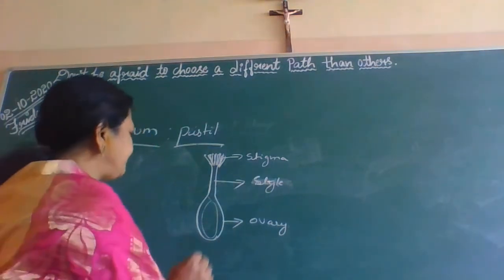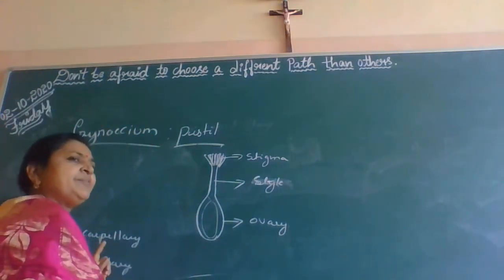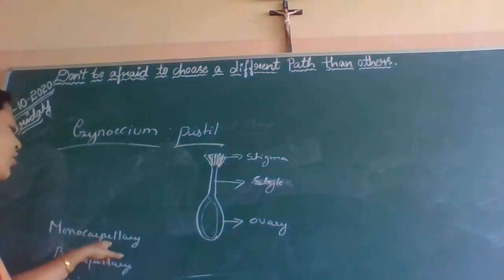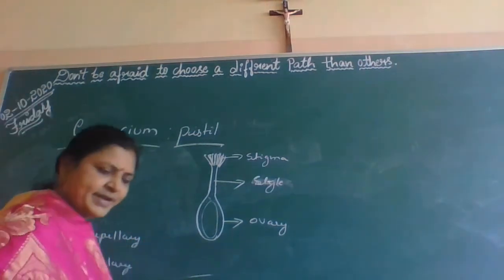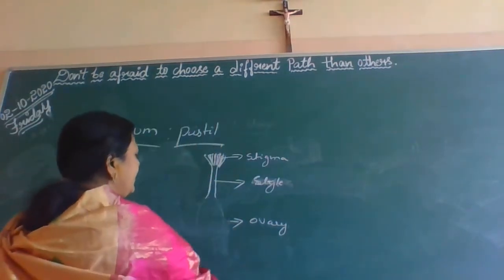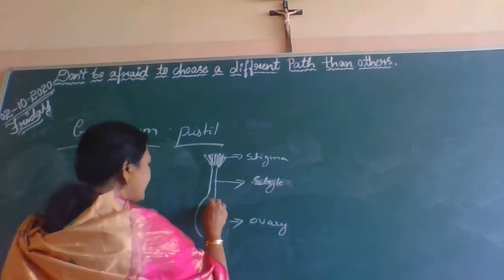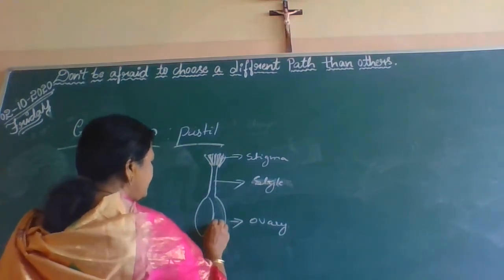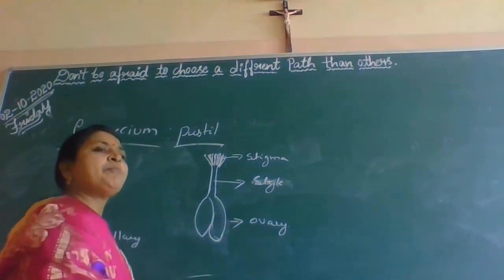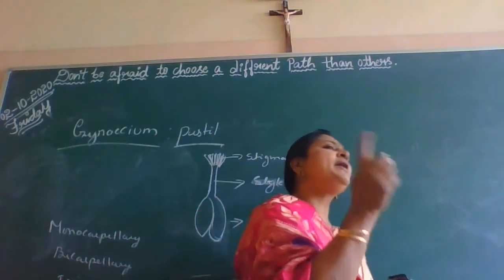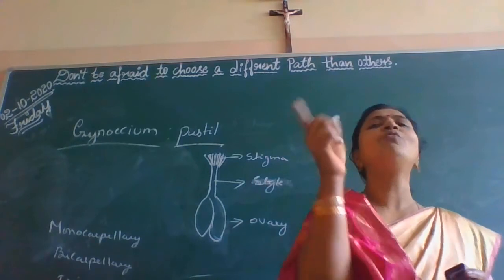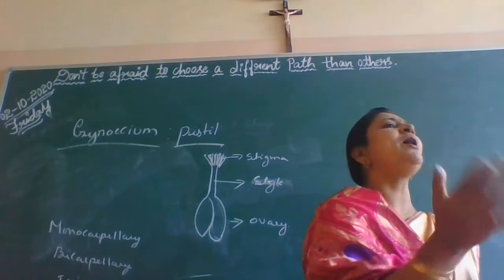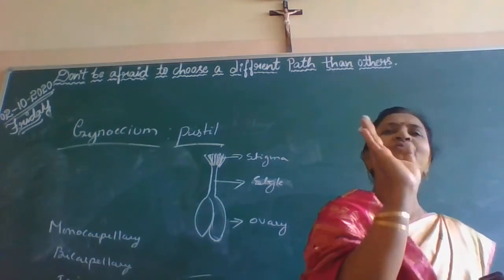Now look here. Whenever there is a single carpel ovary, we can name that as monocarpellary. For example, here the number of carpels is 2. This is called bicarpellary. Whenever the number of carpels is more than 1, we should observe whether the carpels are fused or free.